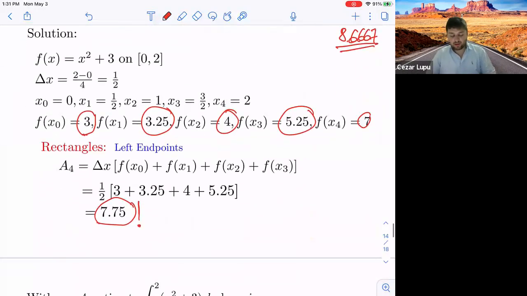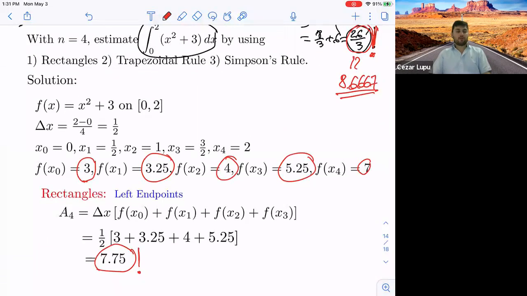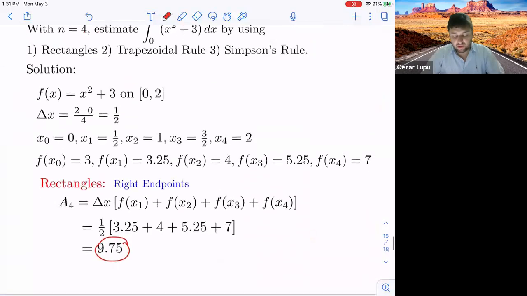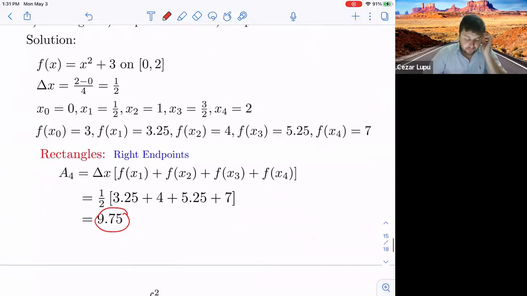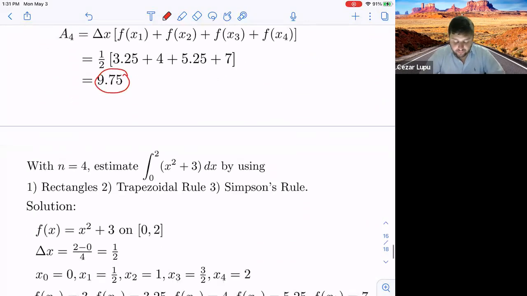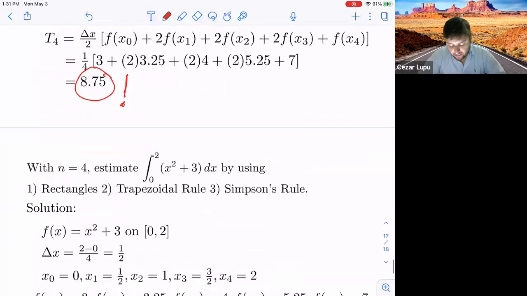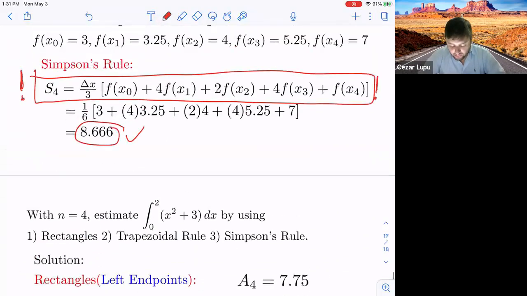Which one is the closest one? Let's see. The first one, using the rectangles with left endpoints, we got 7.75. Then using the same rule, rectangles but with right endpoints, it was 9.75. Using trapezoids, I get 8.75. But using Simpson's rule, oh, guess what?